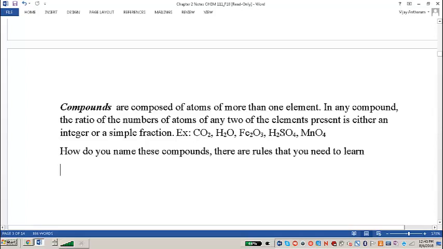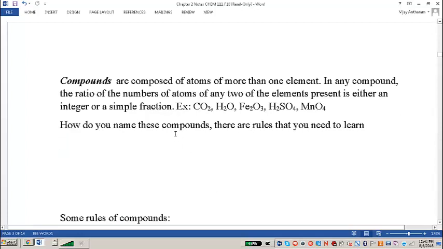Sulfuric acid, we're going to have to learn acids in this course. You'll do acid-base chemistry in chemistry 2. H2SO4, 2 hydrogen atoms, 1 sulfur atom, 4 oxygen atoms. MnO4, 1 manganese atom with 4 oxygen atoms.